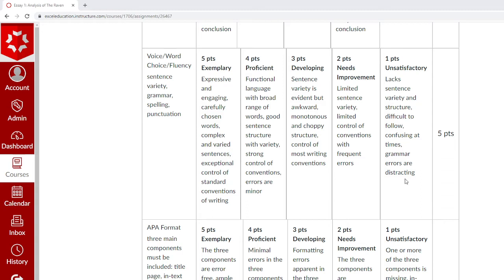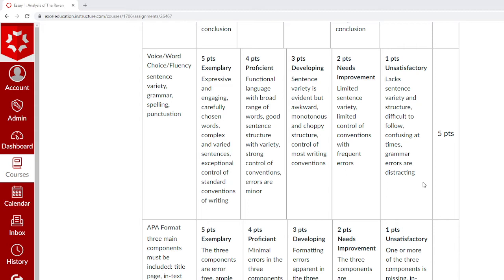So the purpose of writing is to communicate effectively. If your writing is lacking some of those basic structures and rules, then the instructor is going to have a hard time understanding what you're trying to communicate to them, and you're going to score that 1, and we don't want that. To score higher on the part of the rubric for voice, word choice, and fluency, here are some important tips to follow.